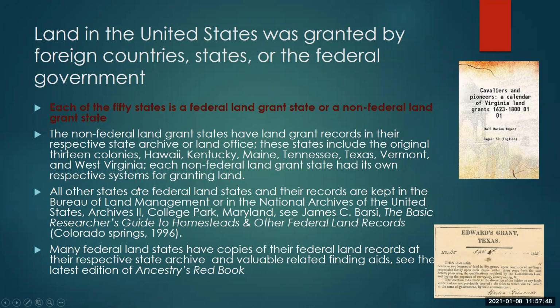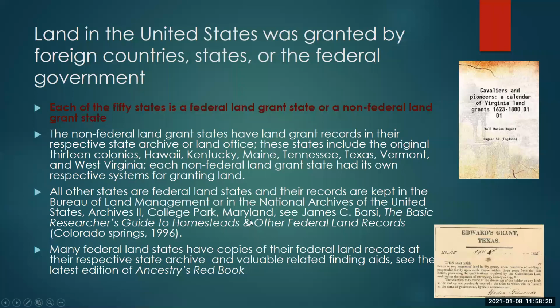And as you say, if you're dealing with land granting in any of those states, you have to go to their respective state archives or land office to search the records there. Okay, all the other states are federal land states, and their records are kept in one of two places, either in the Bureau of Land Management or in the National Archives of the United States in College Park, Maryland. And we'll talk more about that in the next few minutes.